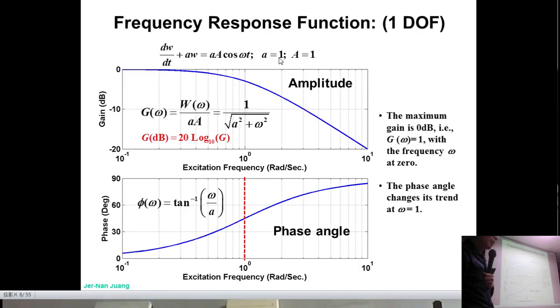Small a, assume A equals 1. So that means when omega equals 0, the gain equals 1. Understand? Okay. We can move on.